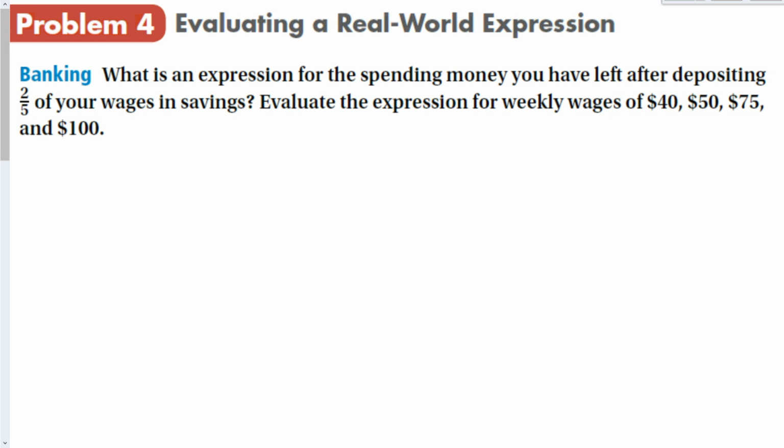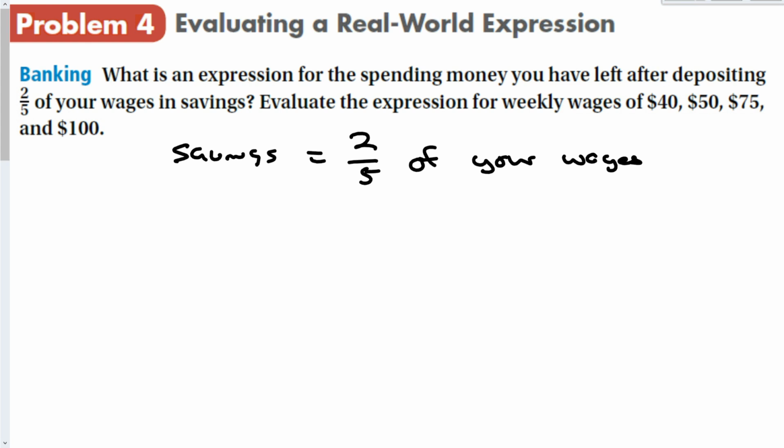You know that savings is equal to 2/5 of your wages. Okay, well that's good. So we're going to need some sort of expression that represents this situation. So let's write an algebraic expression and then figure out how we're going to solve this.